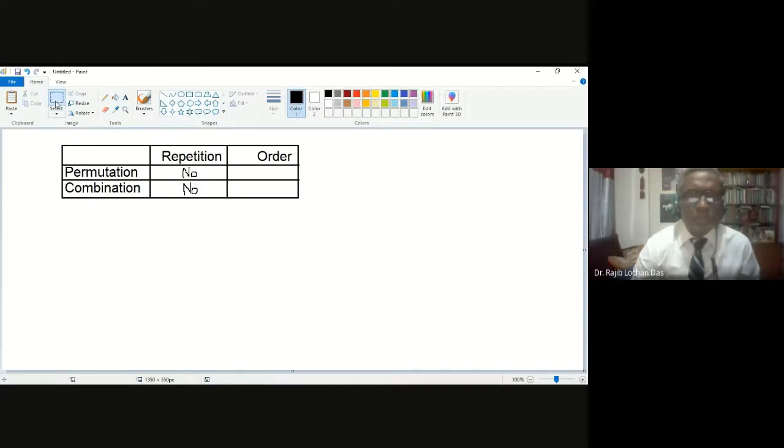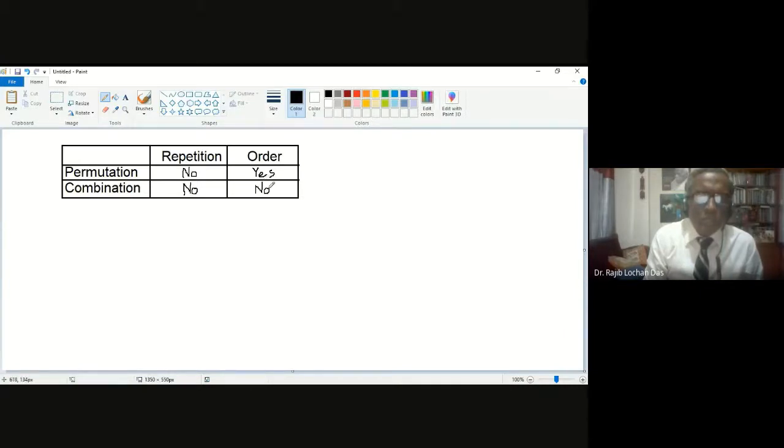I mean, is it important which one is first and which one is second, or is it not important? First, second does not matter. So in permutation, yes, it is very important. Order is very important in permutation. And in combination, it is not important.